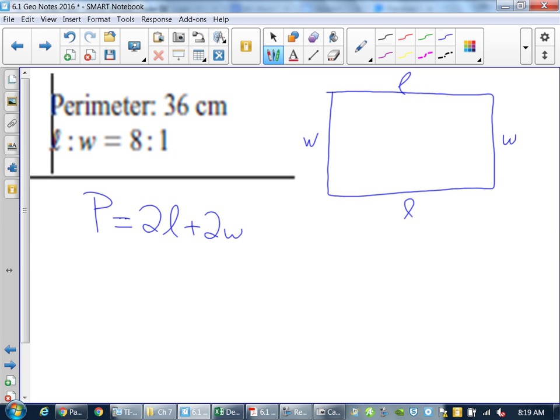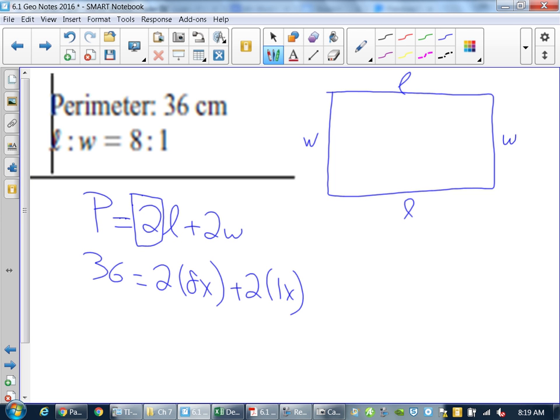Close-ish, but we have to keep this value here. So we go 36 equals 2 times blah plus 2 times blah. Wait, what? Where did you get the 36 from? The perimeter. Oh!